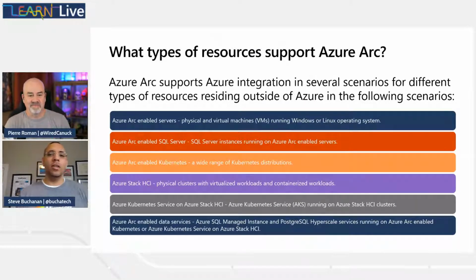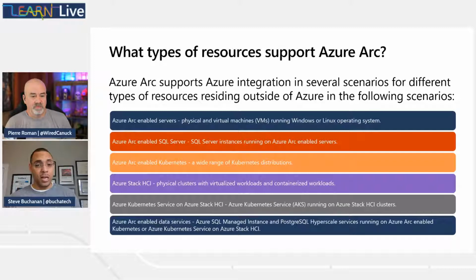So this is, at a high level, Azure Arc is kind of overarching, and it can manage many types of workloads, right? So it goes beyond the scope of just Kubernetes. And I think it's important to make sure that everyone understands that. So you can use it to manage servers, regardless of where those servers are.